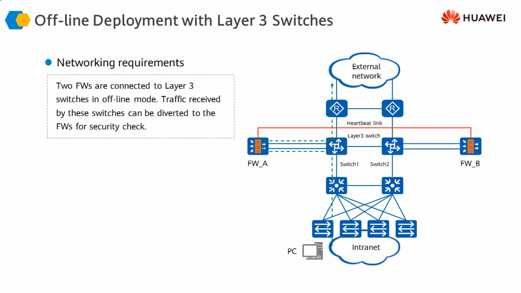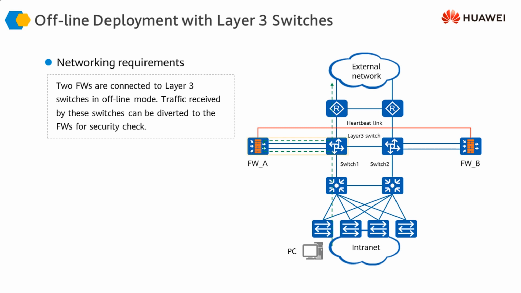These layer 3 switches are connected to the two firewalls, and the firewalls also have a heartbeat link or a keep alive link through which they exchange the HRP information with each other. In this situation, these layer 3 switches are running OSPF with the routers, and they're also running OSPF with these firewalls.